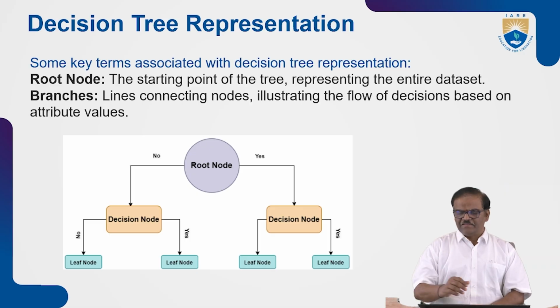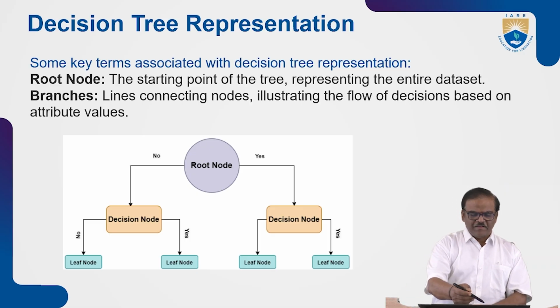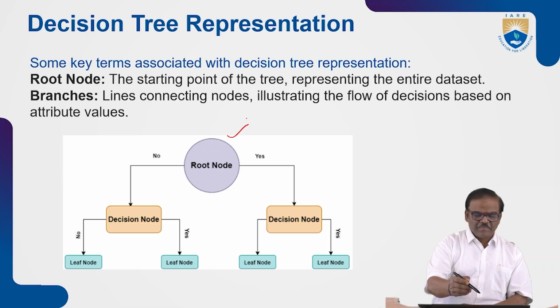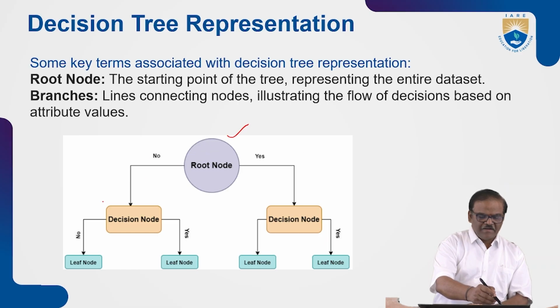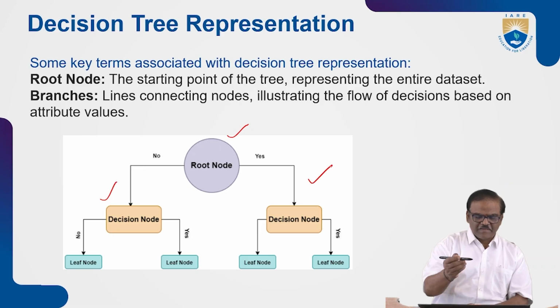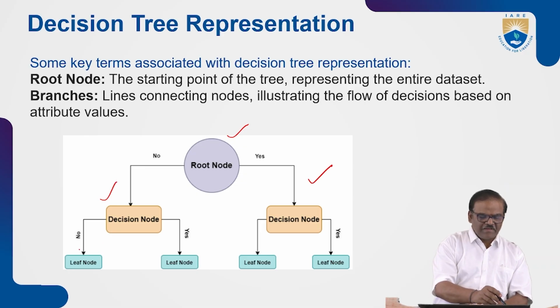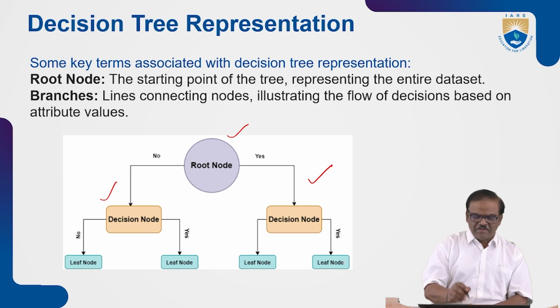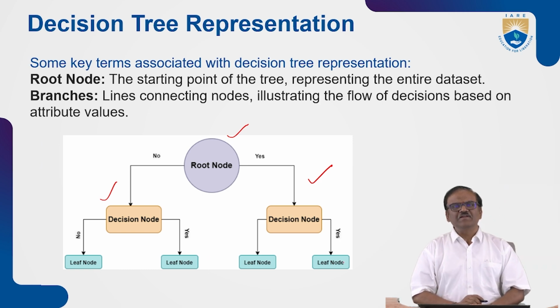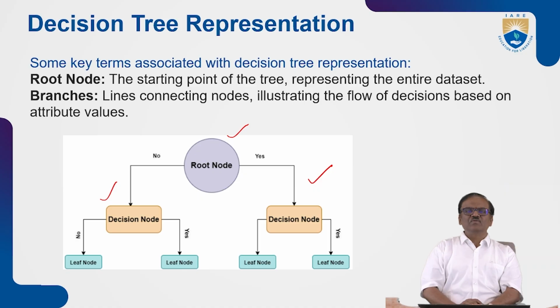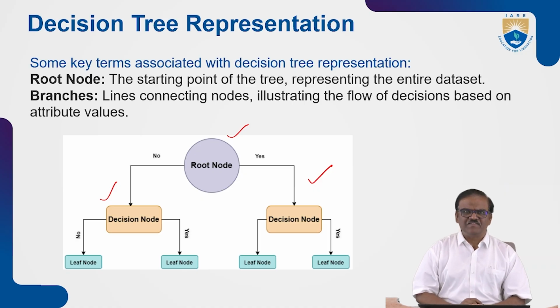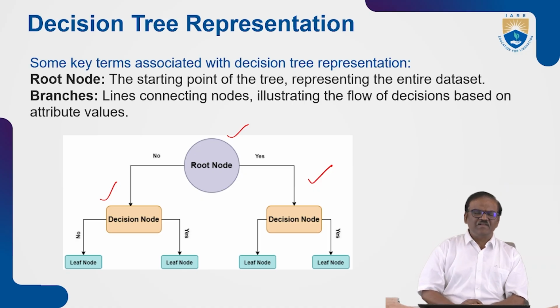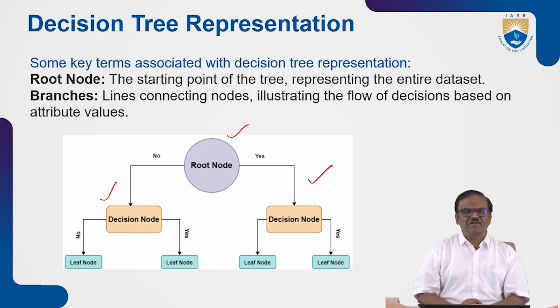As you see in the diagram, there is a root node, and from the root node it goes to the decision nodes. The decision nodes will again lead to leaf nodes. Typically the root node will have two branches, that is decision nodes, and from the decision nodes you are going to have the leaf nodes.